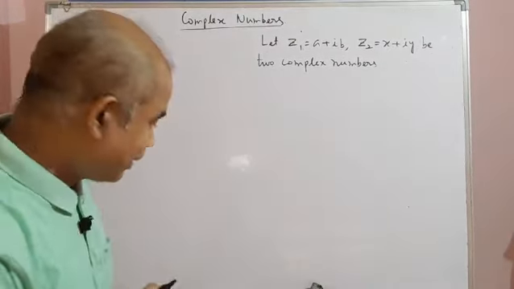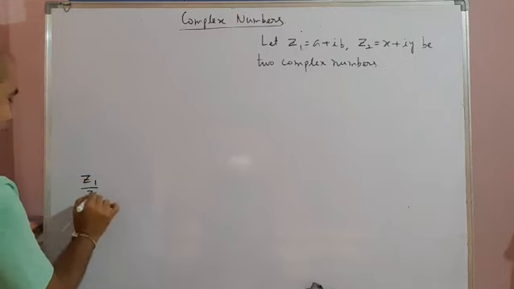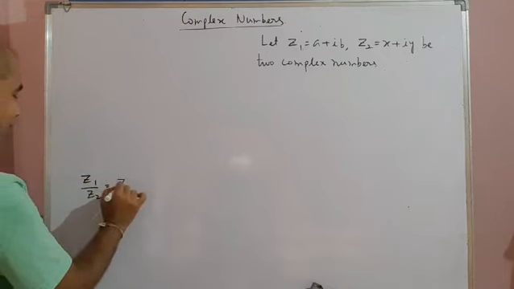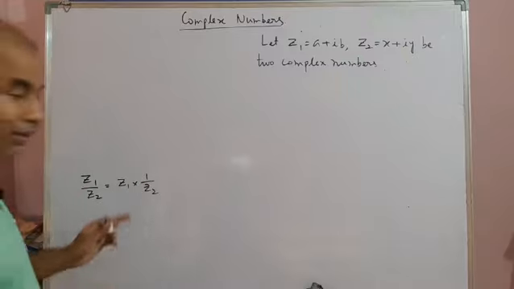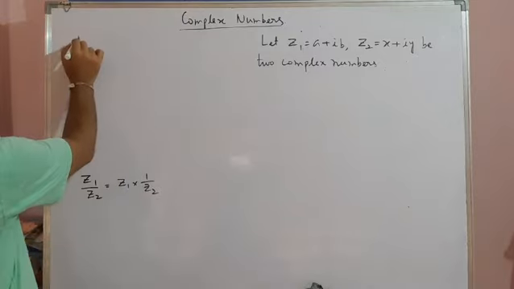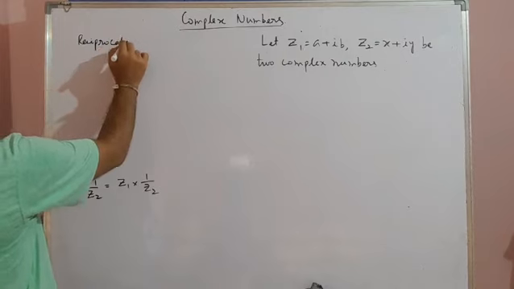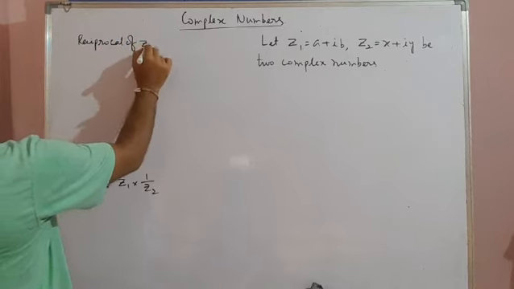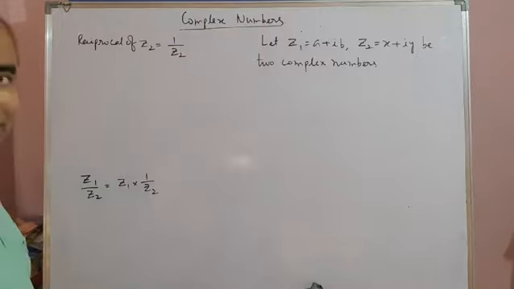So okay students, when we divide Z1 by Z2, it is Z1 multiplied by the reciprocal of Z2. That means before doing the division, we have to know how to find the reciprocal of a complex number, that is, the reciprocal of Z2, say 1 by Z2.